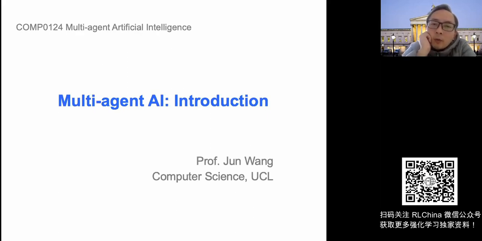We are focused a bit more on multi-agent kind of things, really focusing on interactions between different learning machines.